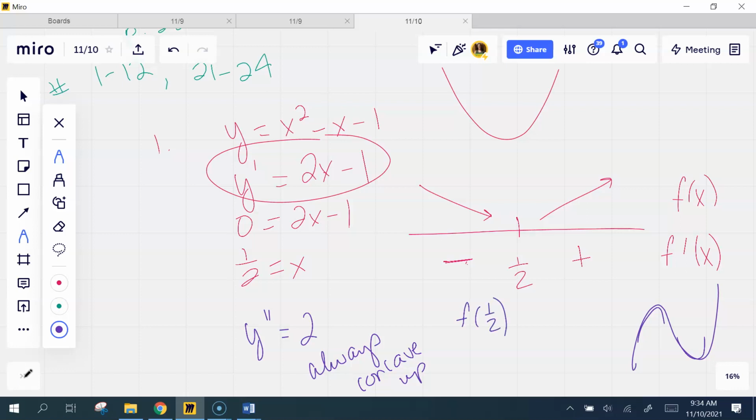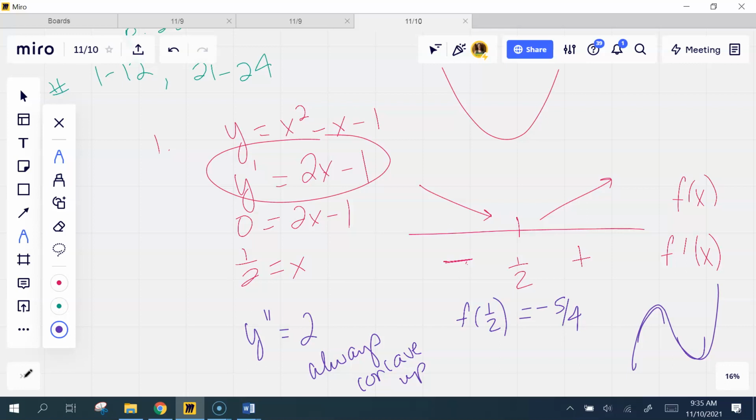So the second derivative is 2. That's exactly right. Good job. If you plug this in, you should get negative 5/4, I think. You plug that into the function itself.